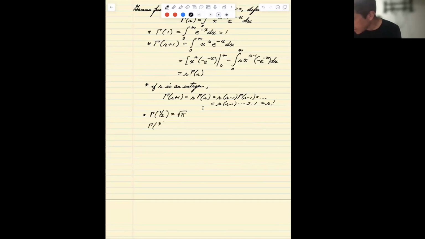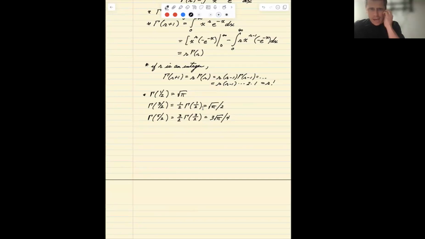Gamma of 3/2 is 1/2 times gamma of 1/2, so it's square root of pi over 2. Gamma of 5/2 is 3/2 times gamma of 3/2, which is 3 square root of pi over 4, and so on.